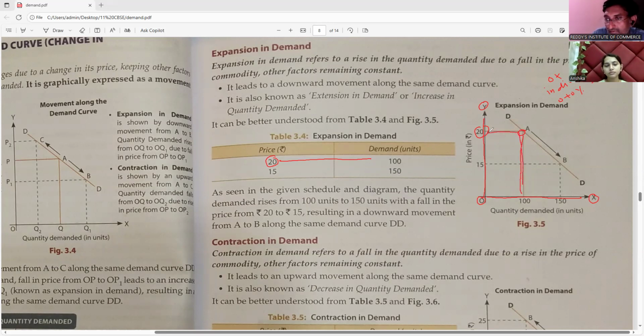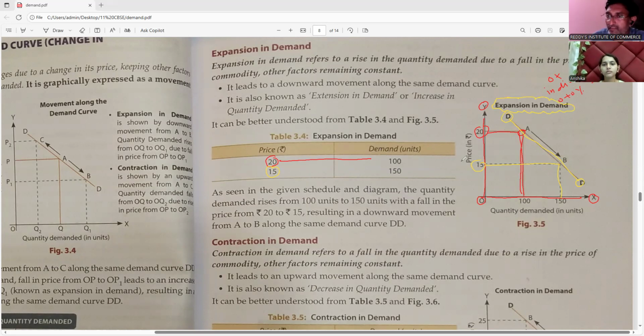But when the price fell to 15, your demand increased. It means your demand curve, DD, moves to the downward side. That is why it is called expansion in demand.